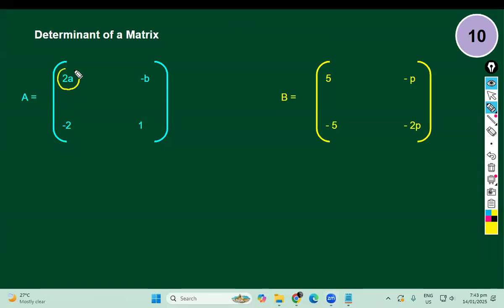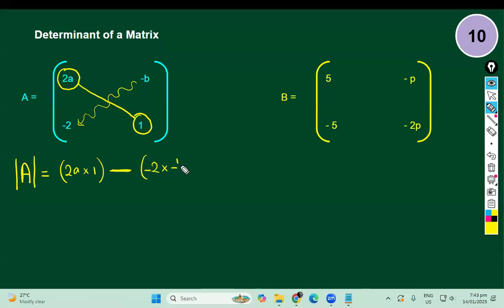This here is the more important diagonal, right? So we multiply that first, use my little symbol for determinant there. So it's 2a multiplied by 1, must put a minus sign after. And then you multiply the less important one.